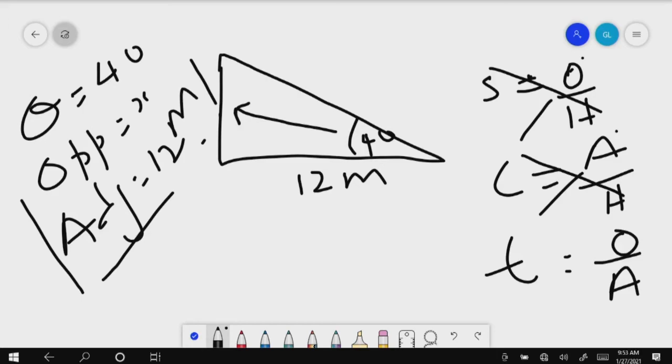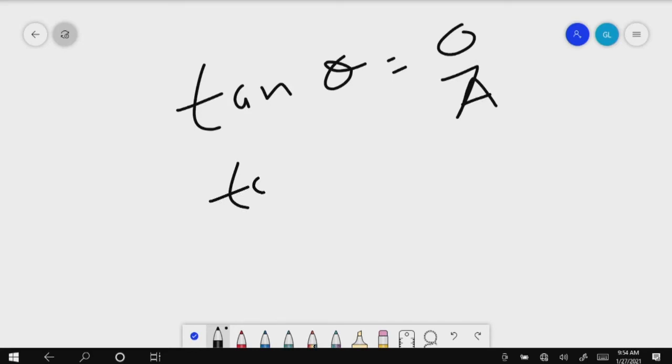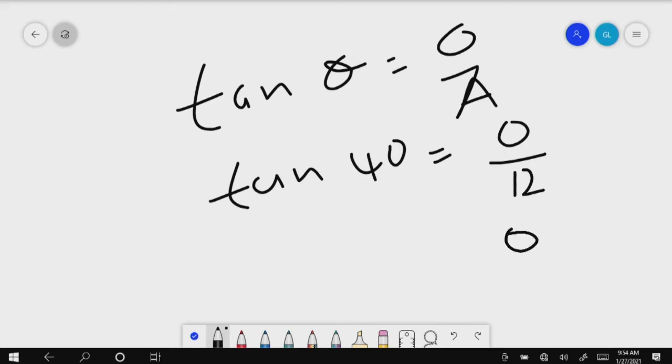And applying the tan ratio, tan theta would have been opposite upon adjacent. In substituting, tan 40 would have been opposite upon 12. To find our opposite side, it's 12 times tan 40.